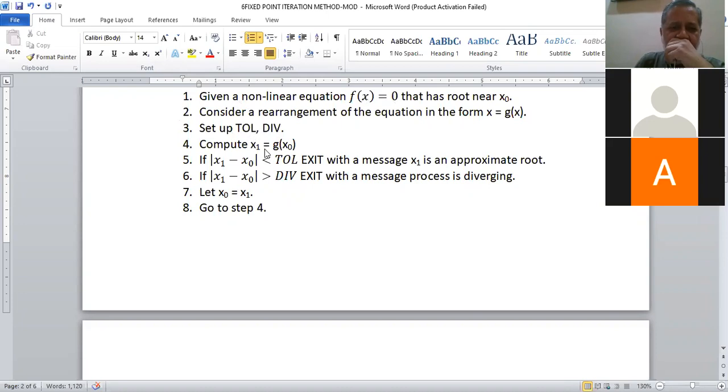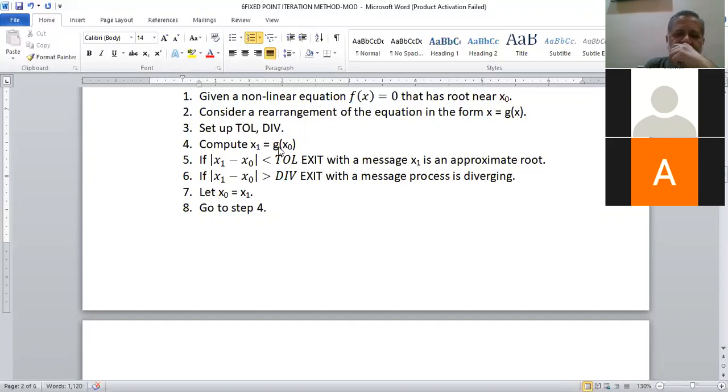So in this algorithm we have to use tolerance to stop the process when the required accuracy is approached, and we have to use a large number to indicate that the difference between the last value and the new value is too far away, and we have to exit or stop the process with a message that the process is diverging.